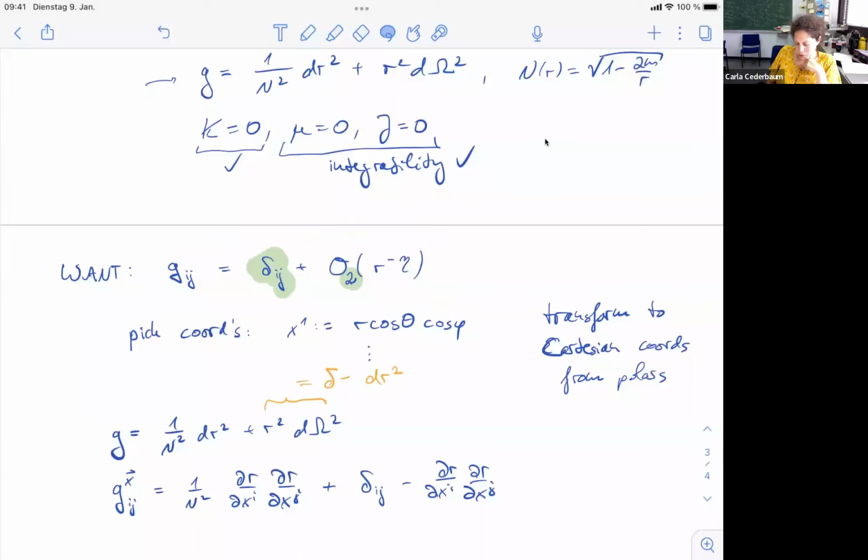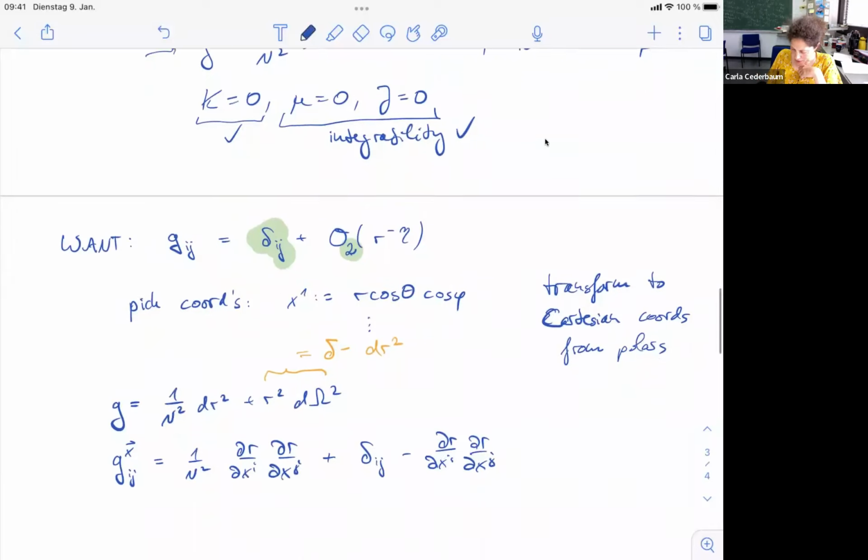Okay, so now we've computed the components of the Schwarzschild metric in these new Cartesian coordinates that we've constructed from the spherical polar coordinates as we would in Euclidean space. And now we need to make some asymptotic analysis to see if they satisfy this decay assumption for which rates beta. So I'll regroup this.